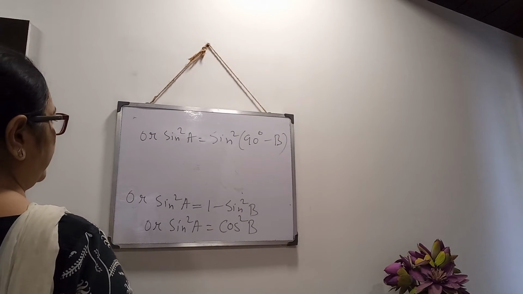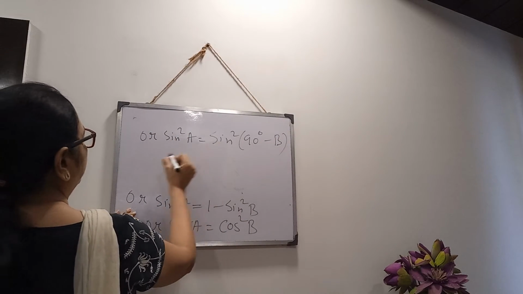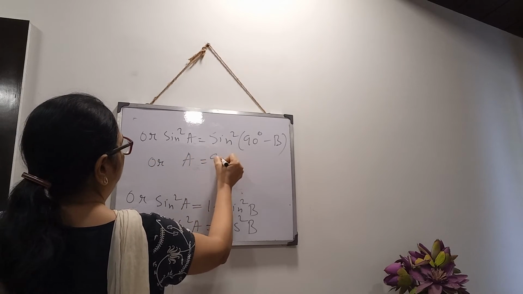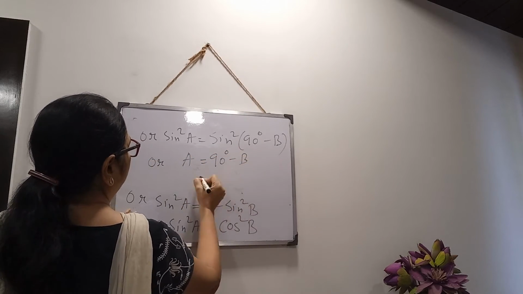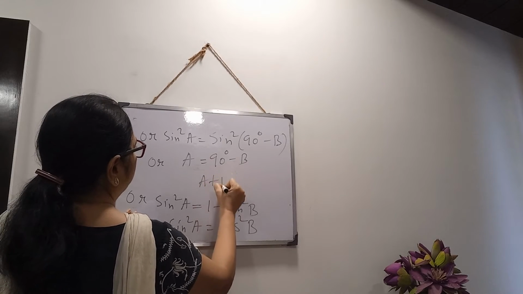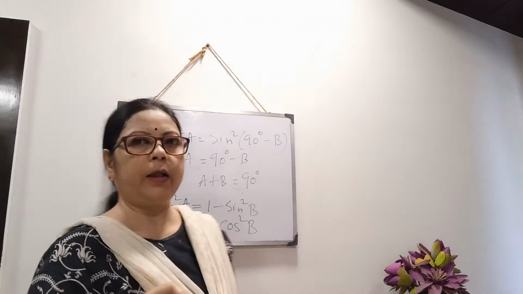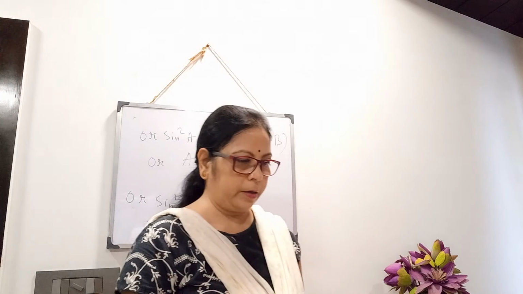Cos theta means sin 90 minus theta. That formula I have applied. So A is coming 90 minus B. Important sum, this one. So B is coming this side: A plus B is 90 degree. So what is the relation between A and B? A and B are complementary angles. Clear?